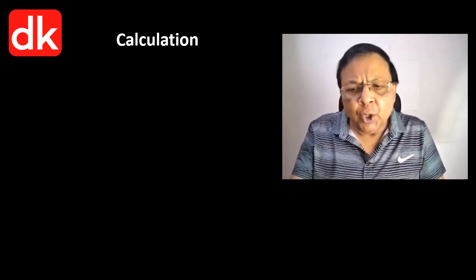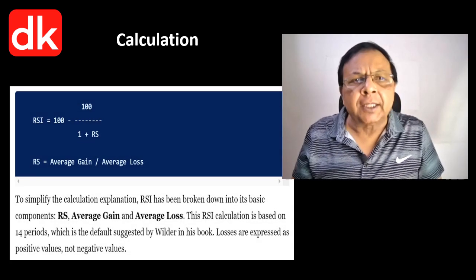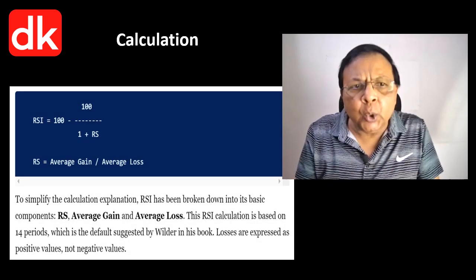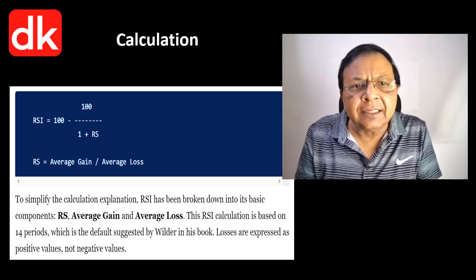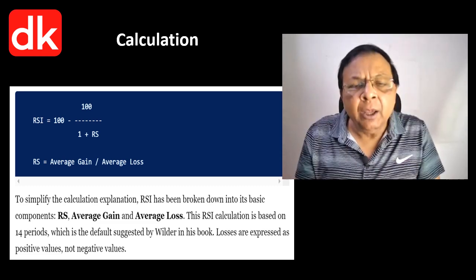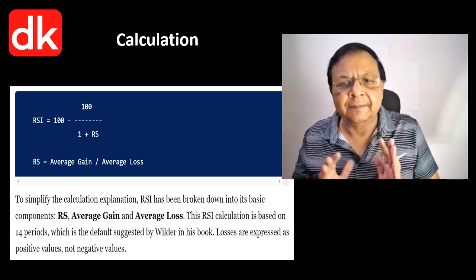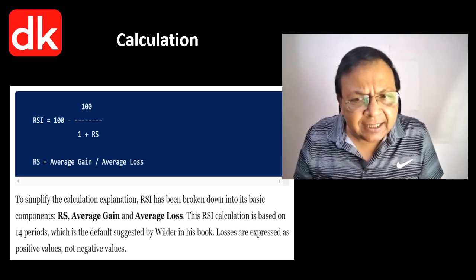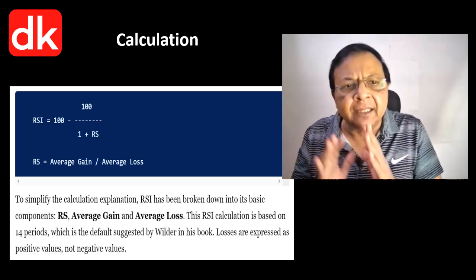So friends, simply put, RSI is equal to 100 minus 100 divided by 1 plus RS. What is RS? RS is the relative strength.